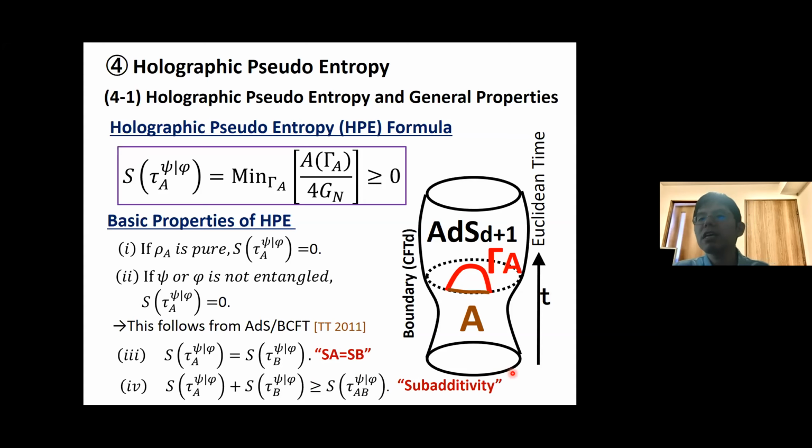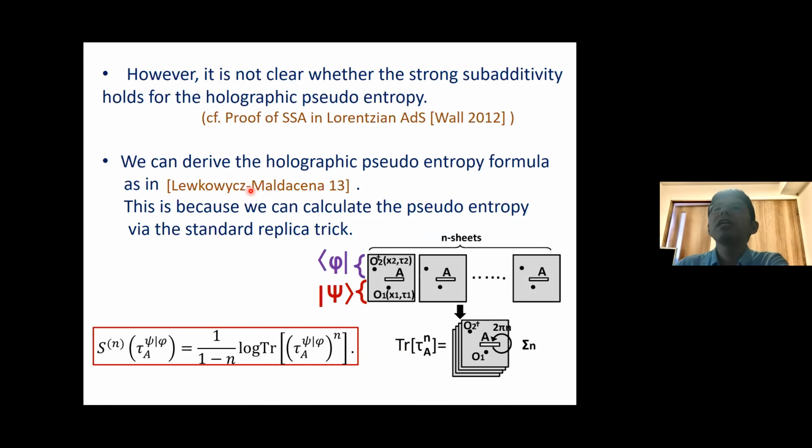And subadditivity, I think you can also easily see, because this definition includes a minimum. But strong subadditivity is not clear in this case. Also, in general, if we study general qubits, we can easily see that strong subadditivity is violated. Some analog of strong subadditivity for pseudo entropy is violated.